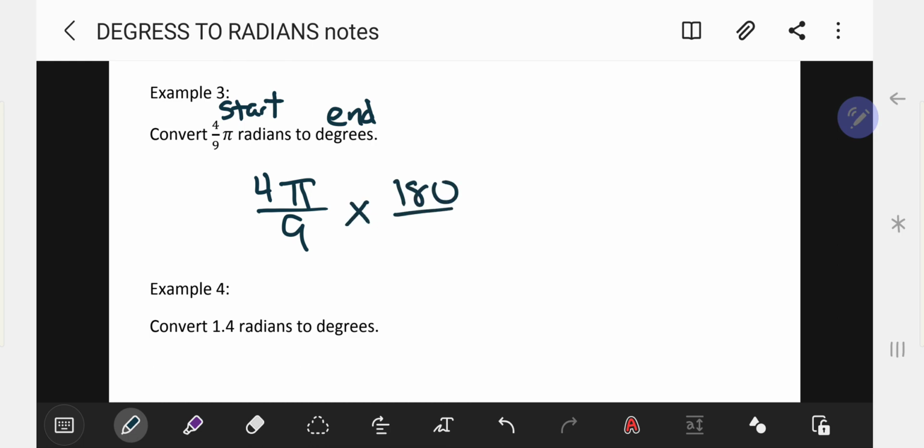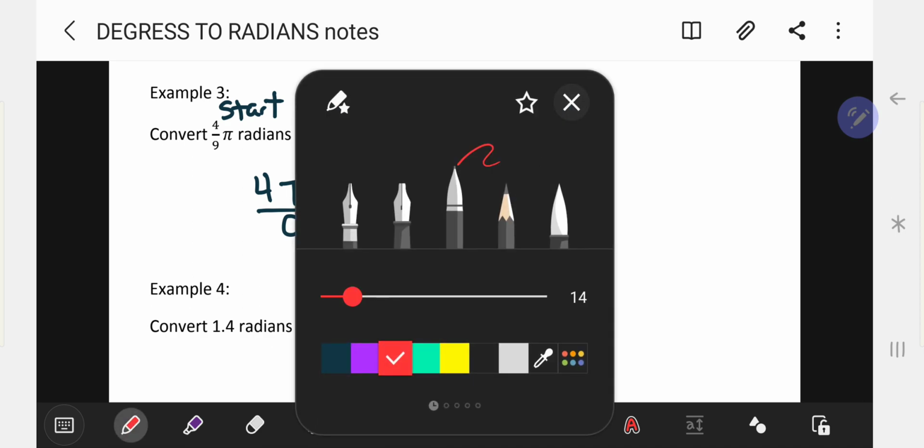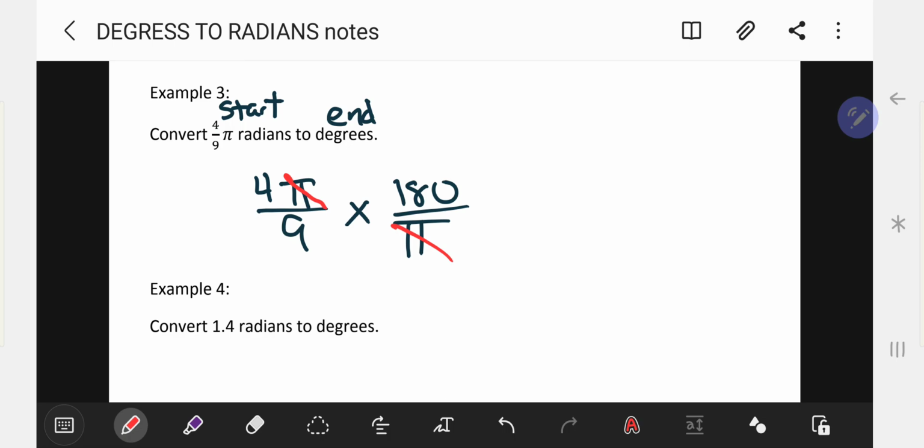Times 180 over pi. Okay, and because I do this, this allows the pi's to sort of cancel each other out.